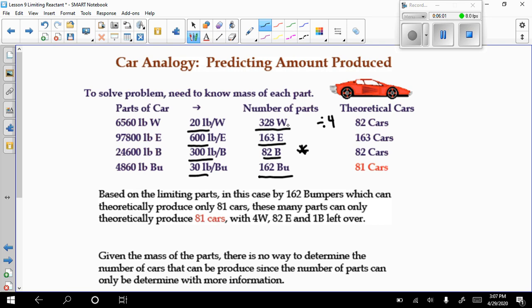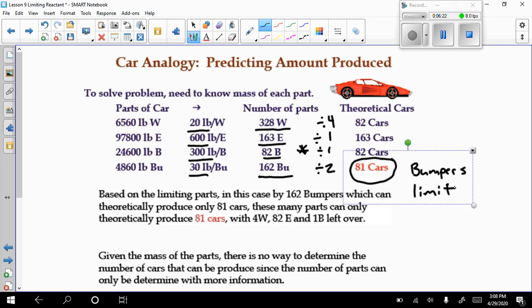So you have to divide the wheels by 4, divide the engines by 1, divide the bodies by 1, and divide the bumpers by 2. And sure enough, it turns out that the bumpers were the limiting reactant. So in this analogy, the bumpers limit us, okay? And they limit how many cars that we can build.